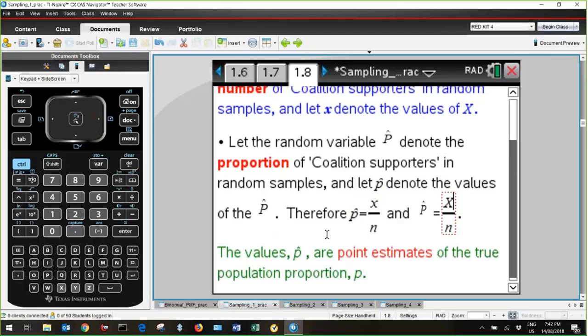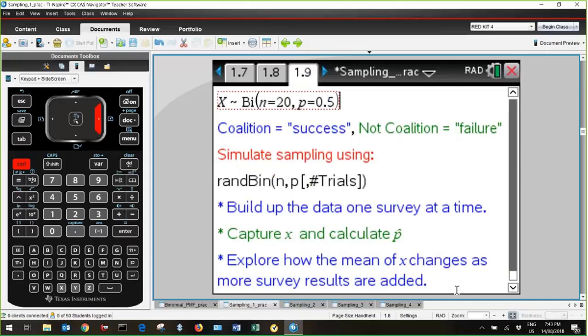So the random variable capital P hat is called the estimator, and lowercase p hat is the estimate, the actual value. Okay, so X is binomially distributed with n equal to 20 and p equals 0.5. Why is it binomially distributed? Because either the person surveyed is a coalition supporter or they're not.